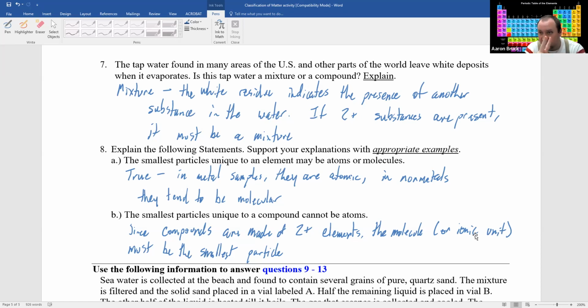I have at least two elements present in a fixed proportion. So what we'll see with compounds is that instead of breaking down to the smallest particle being an atom, they're going to break down to the smallest particle either being a molecule, if it's bonded together with those bonds like we saw in pictures, or an ionic unit, like an ionic crystal, like we saw with the sodium chloride or the silver chloride.